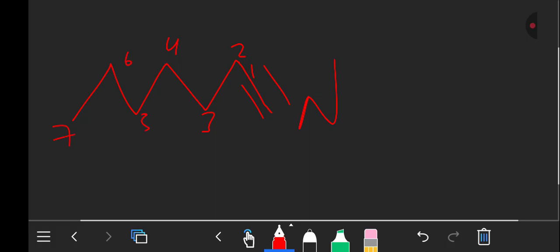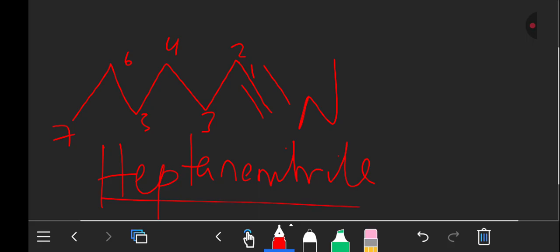In this case, this nitrile will be considered as a suffix. So we have 7. 7 is heptane, right? So I'll say heptane nitrile. This is the name of this nitrile.